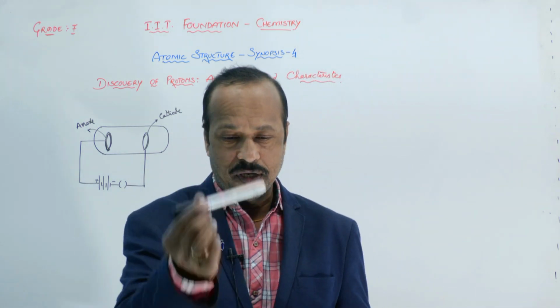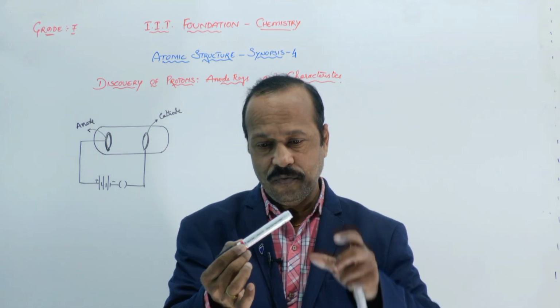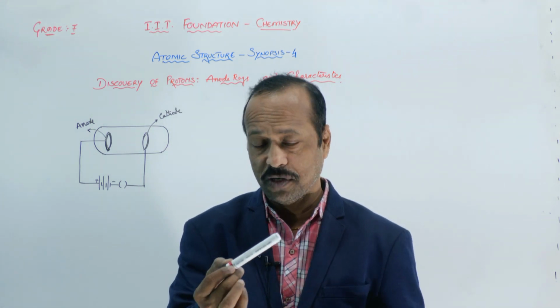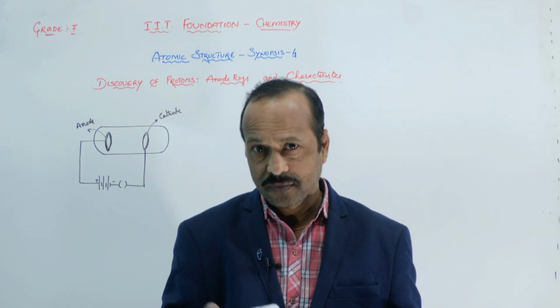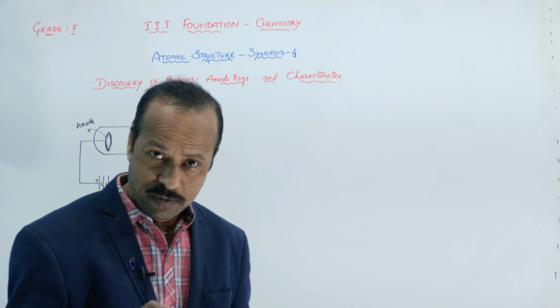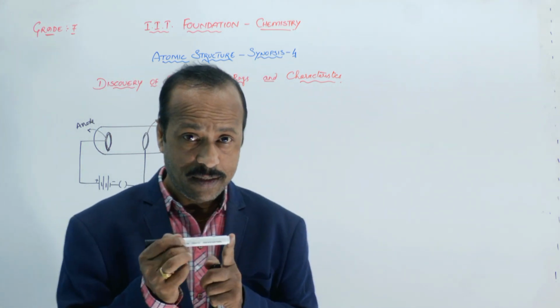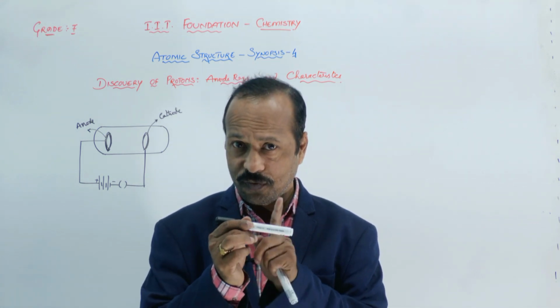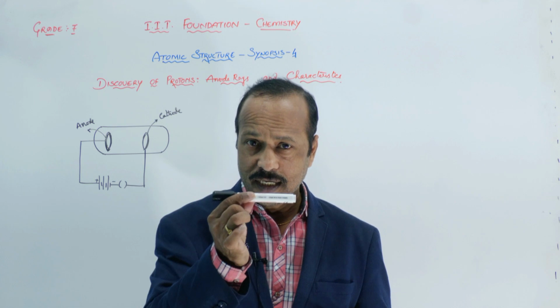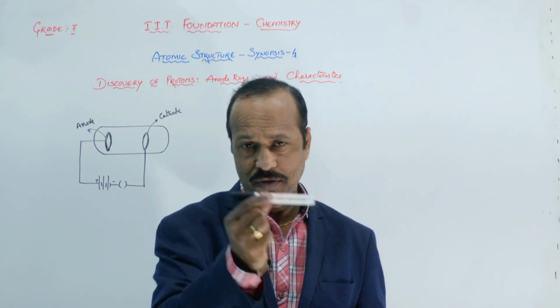If an atom is neutral, and from this neutral atom electrons are coming out, electrons being negatively charged particles, then if it consisted of only electrons, this body would be of negative charge.